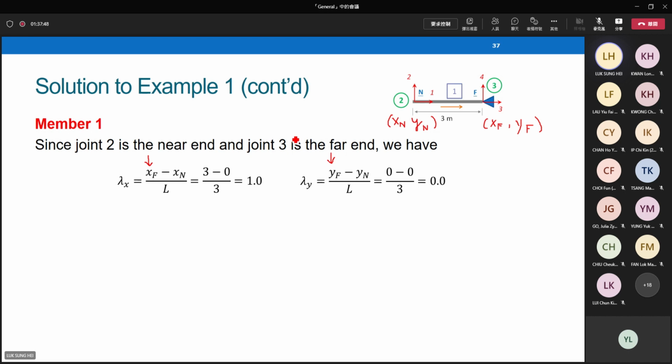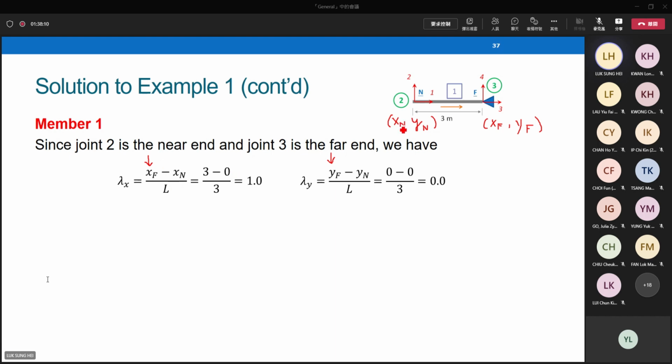We use the f coordinate minus the n coordinate in the numerator. That's why if you confuse the definition of n and f, you will probably get the wrong answer. If you have wrong lambda, then you know your matrix may have something wrong.